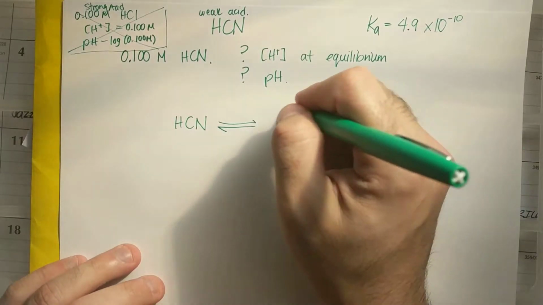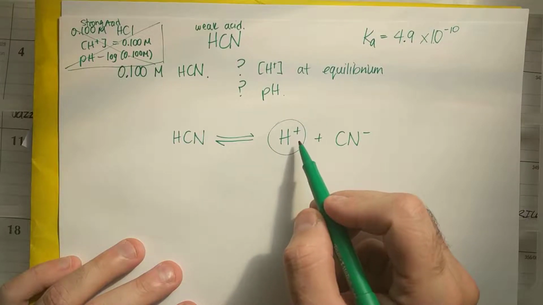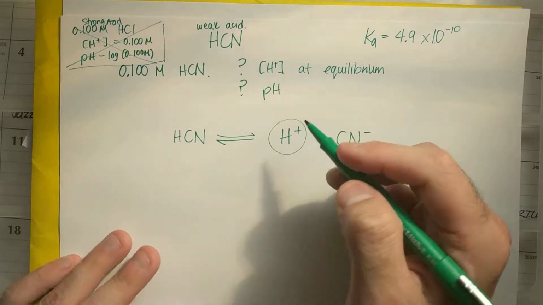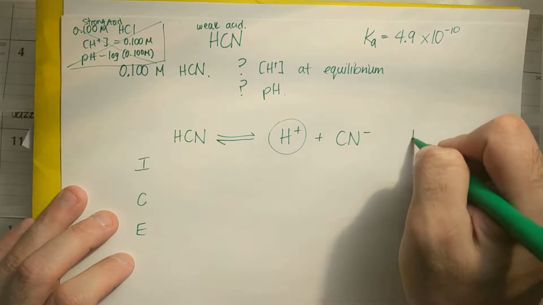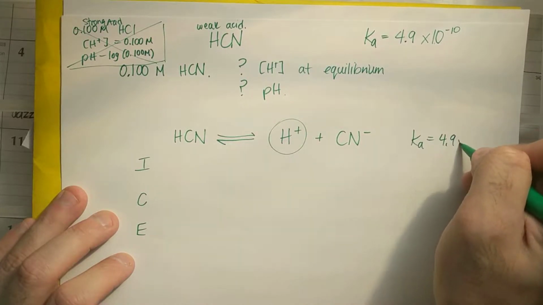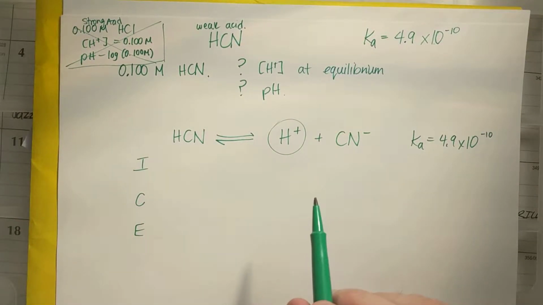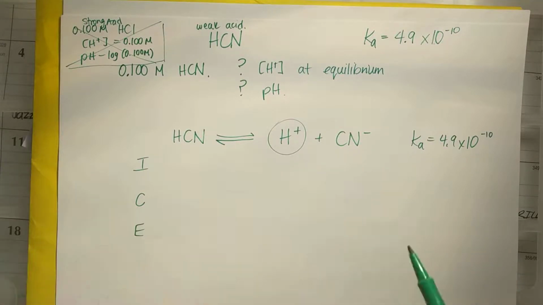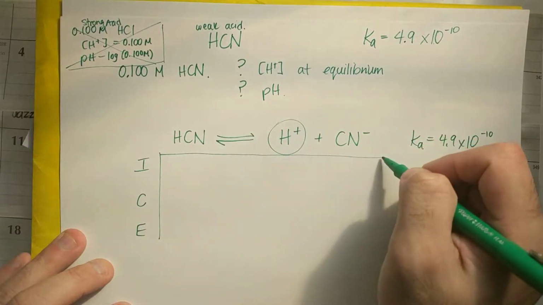If I want to figure out how much H plus dissociated, and in my previous video I talked about how I could write H plus and CN minus, if I want to figure out my concentration of H plus at equilibrium or even my pH, and this is a weak acid, I need to use an ICE table because I'm already given a Ka of 4.9 times 10 to the minus 10th. The moment I have a chemical equation in equilibrium and I'm given a Keq, and I want to solve for any concentration of anything, I probably want to use an ICE table. When in doubt, use that ICE table.